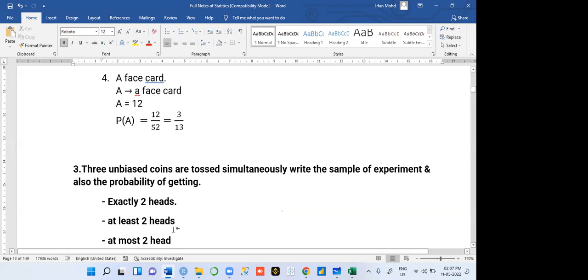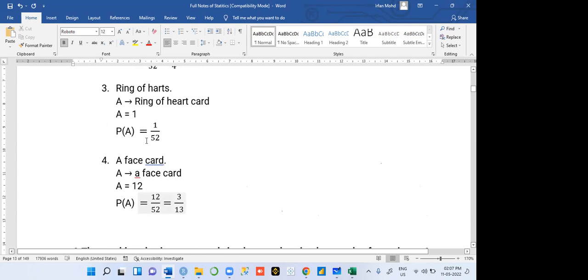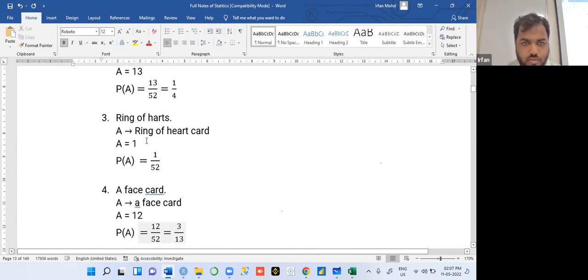I think I made some mistake in my notes. Upper one, sir. Third point. This one? Yes, sir. Okay.